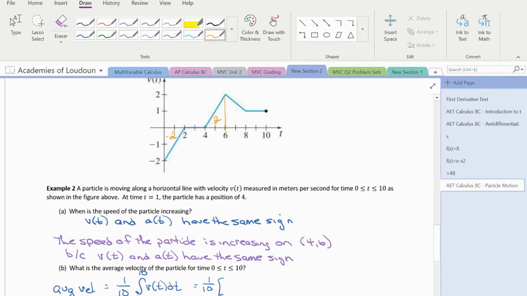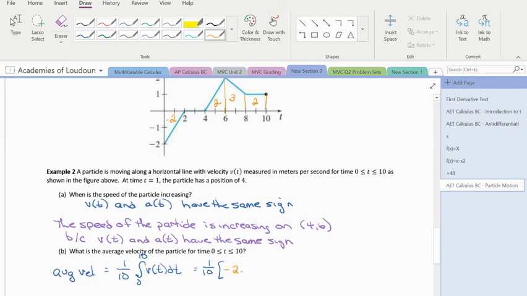This will be positive 2. This area is also going to be 2. And this area will be 3. So then when I add these up, I have negative 2 plus 2 plus 3 plus 2. So I can see then that my average velocity is going to be negative 1/2 meter per second.